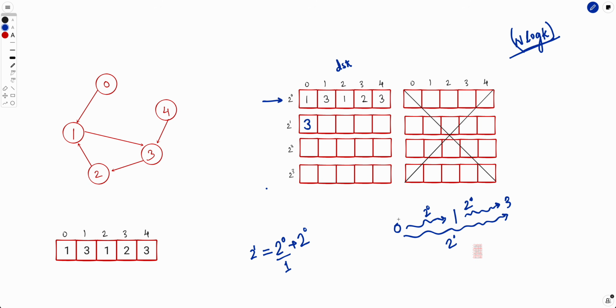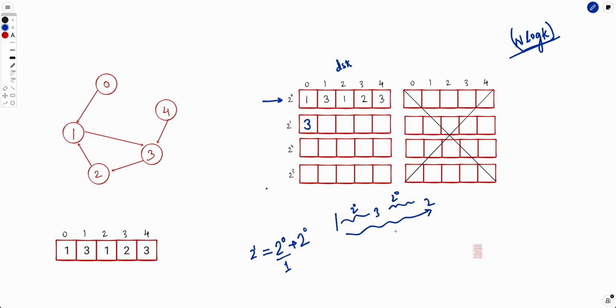In the same fashion, let's do this one more time to get this a bit more clear, and then we will look at the other pieces. So from 1 we know that ball will be with 3 after 2 power 0 throws, and similarly from 3 we also know that ball will be with 2 after 2 power 0 throws. So from 1, after 2 power 1 throws, ball will be with 2, right? So this will be 2.